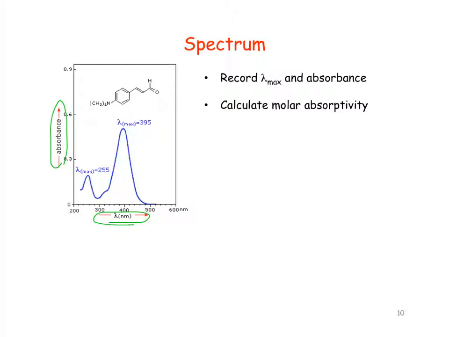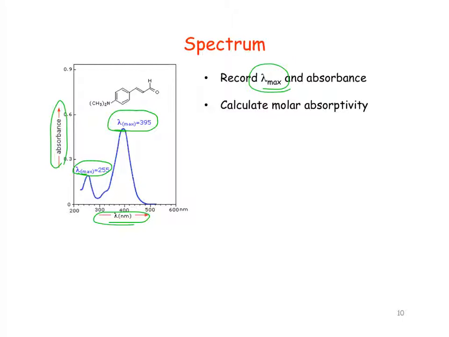All right, so the important things that we record if we're running a UV visible spectrum, one is called the lambda max. Okay, so these are essentially the top of the peaks, the maxima. In this spectrum, we have 2 lambda maxes. We have one right here at 255 nanometers, and we have another one right here at 395.